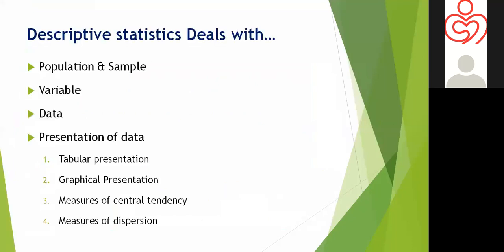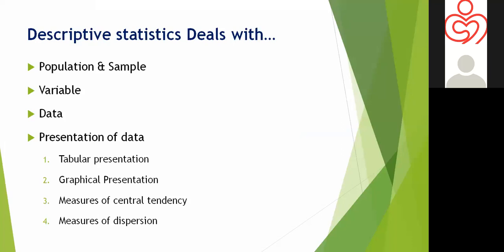So today we are starting with the basic concepts we had discussed earlier, that is, descriptive statistics. As we all know, we use descriptive statistics to describe or summarize the data. For that, we became familiar with some common terms we use in statistics, which are population, sample, variable, data, and all.